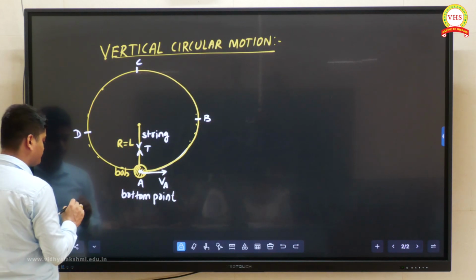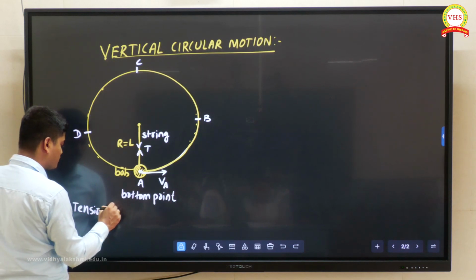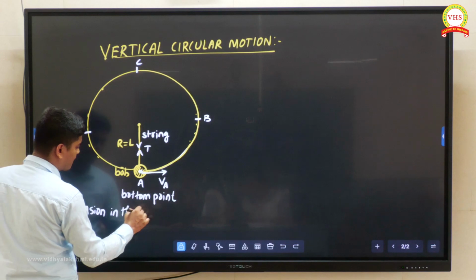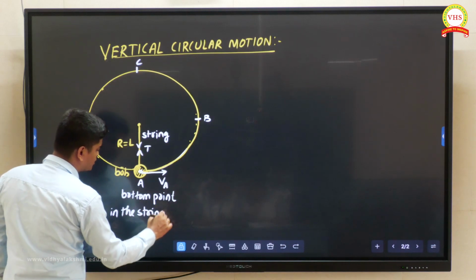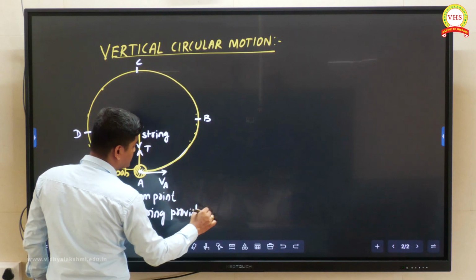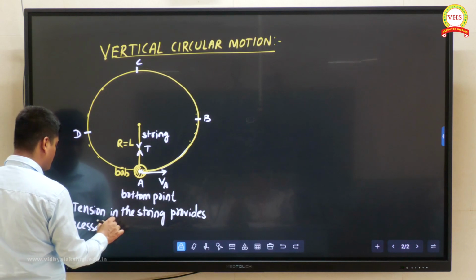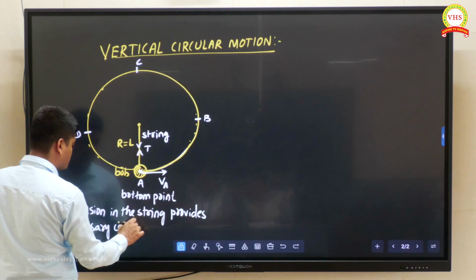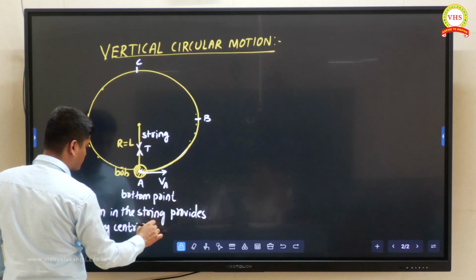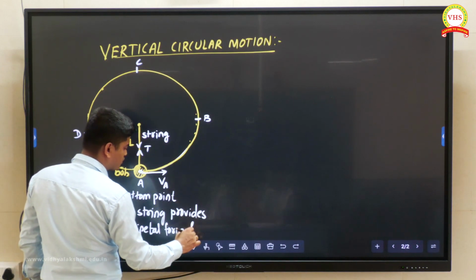So, tension in the string provides necessary centripetal force for circular motion.